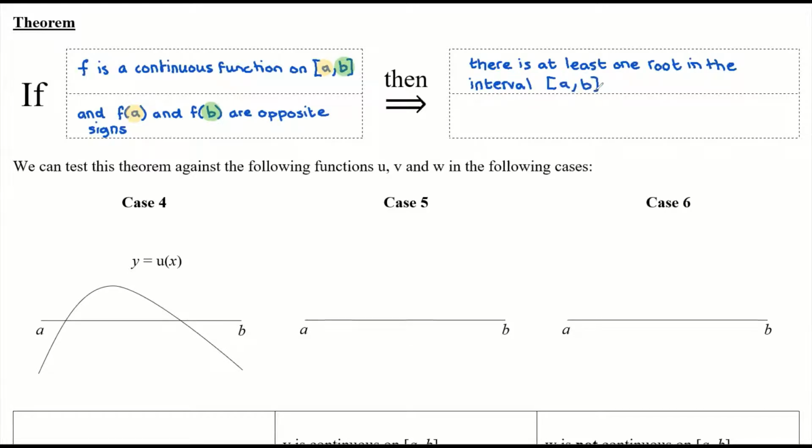Not only is there at least 1 root, the number of roots is odd. So we're making a bold claim here. We're stating that there is at least 1 root, but the number of roots that you will have, if it's not 1 itself, would be an odd number. So let's see if we can test this idea in the next three cases. So we're going to have a look at cases 4, 5, and 6 and just verify that this theorem does in fact work.